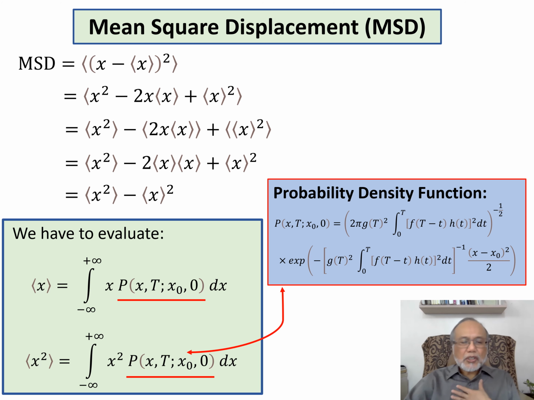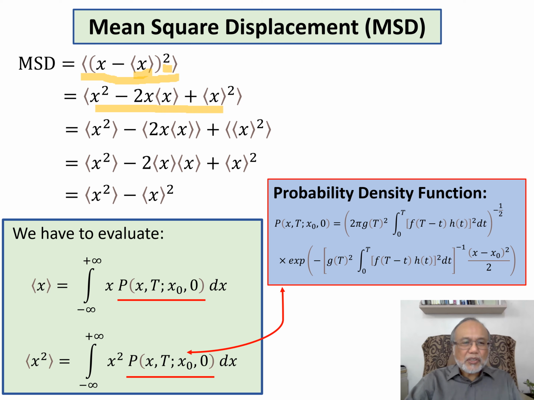Just to review, the mean square displacement, where the bra and ket represent a mean, is the mean of the square of the displacement of the fluctuating variable x from the mean of x. You just square whatever is in this round bracket, and you get this, and then take the mean.